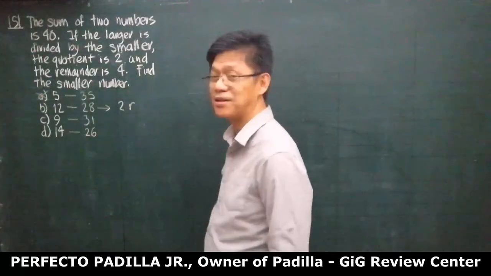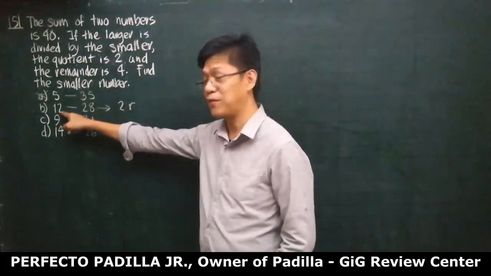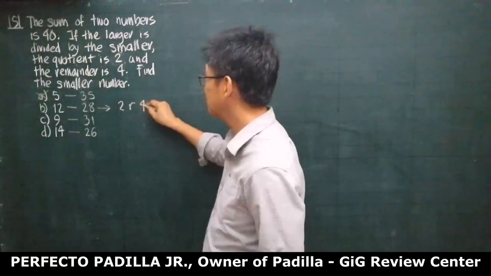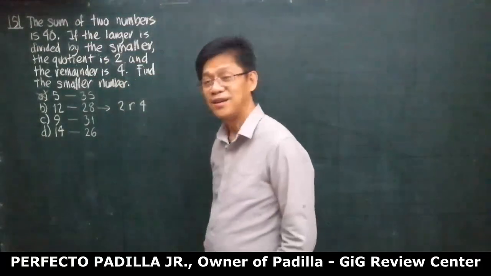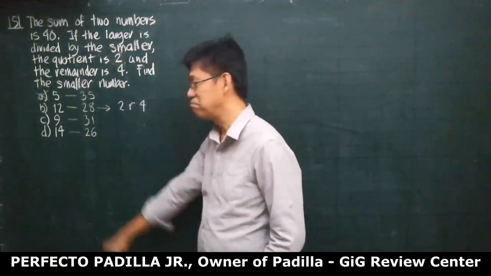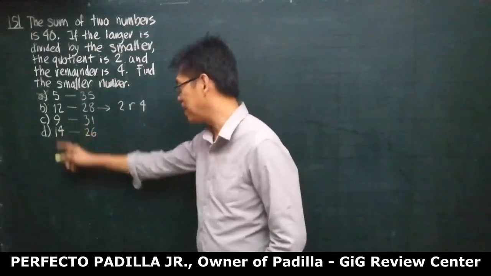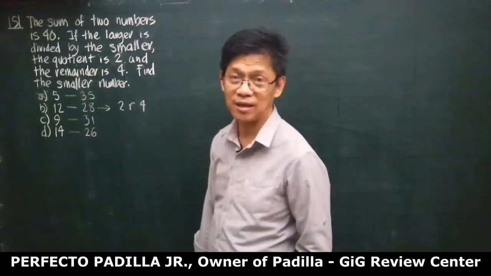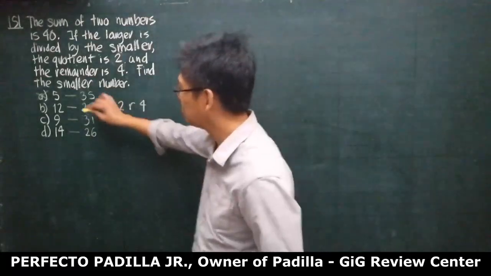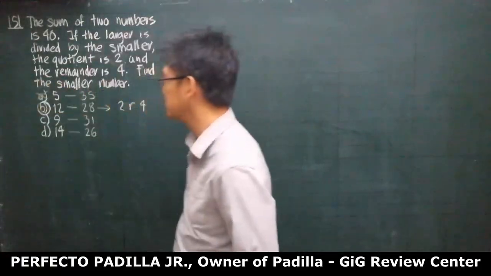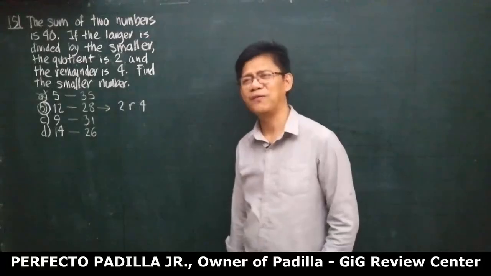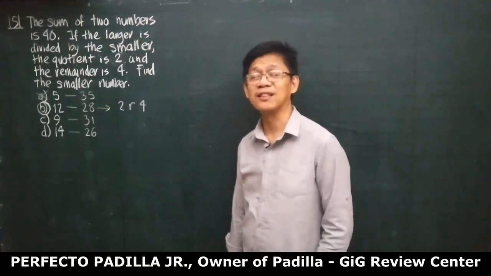How much is the remainder? 2 times 12 is 24. The remainder is 4. Sakto, di ba? 26 divided by 14. 31 divided by 9 is 3, remainder 4. So it means, by substitution, the answer is letter B. You follow? Hindi mo kailangan ng technical solution.